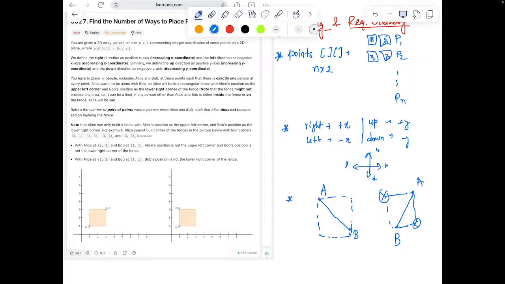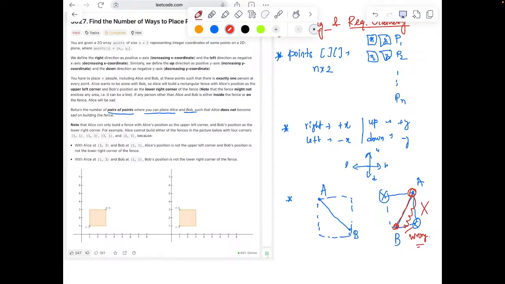Return the number of pair of points where you can place Alice and Bob such that Alice does not become sad on building the fence. Okay, so what I gathered from here is that this is an invalid position. So let's say if there are two point positions over these places, if we select these pairs as an ideal position for Alice and Bob, it is probably wrong. Why is it wrong? Because this is not forming a valid rectangle in the first place.